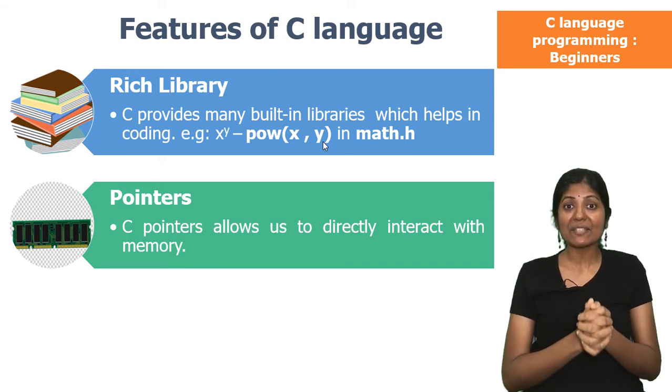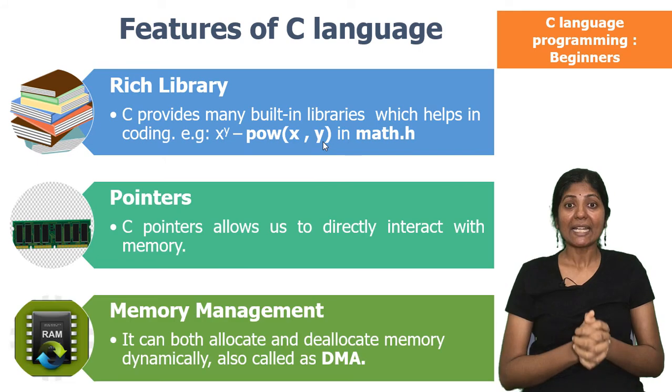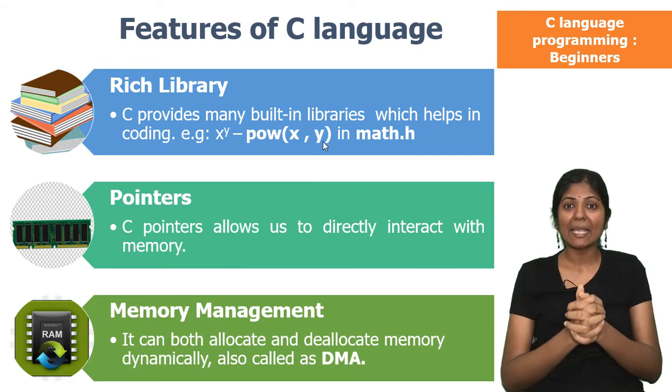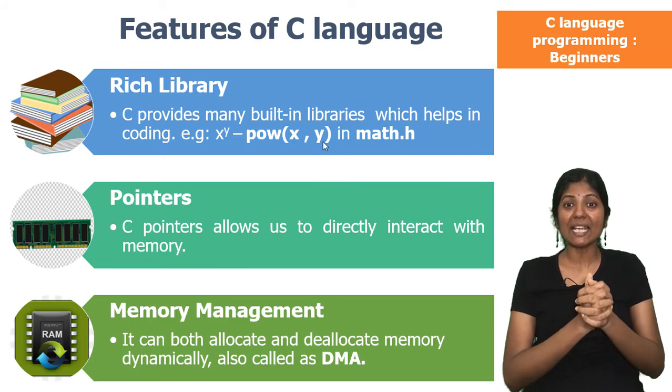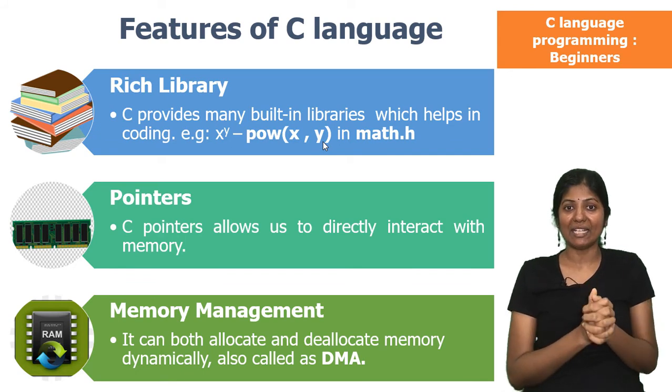Okay. The next feature of C is dynamic memory management. This feature allows us to use the memory efficiently. What is the meaning of it? It means while executing the program, we will write the data. Just now we discussed, we will do some calculation, means some processing.